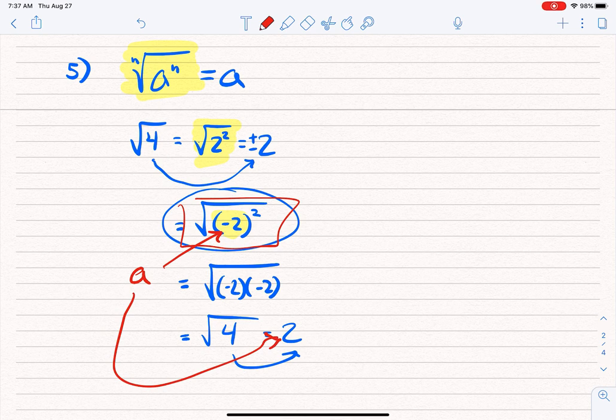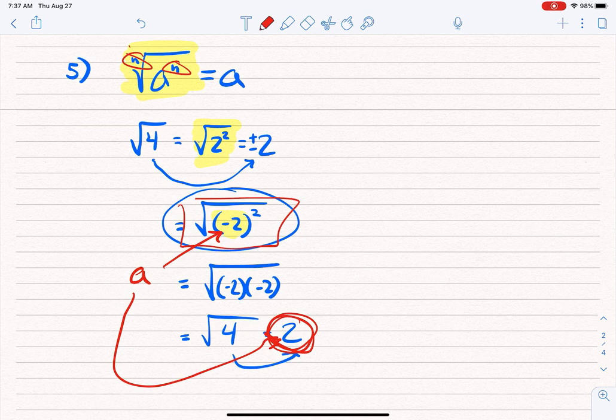Okay? And so when these are even, when the root and the power are even, what's going to happen is every time you're going to get the positive version of that number. Okay? It doesn't matter if that number was positive or negative to begin with, you're going to get the positive version of that number in the end. And so what that means is, what's the positive version of a number? The absolute value.